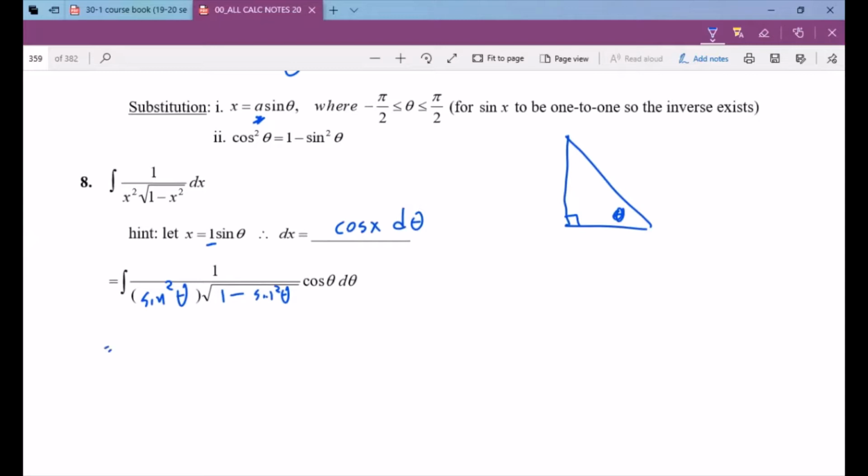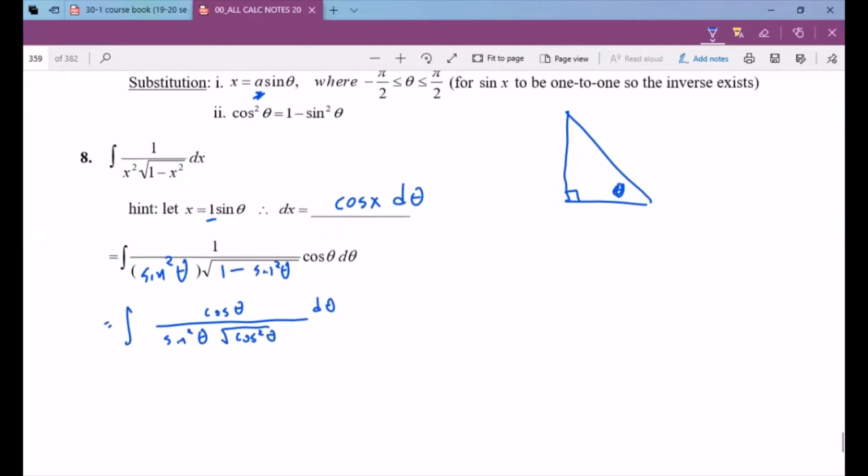In our next step, this is equal to the integral. Here we have sine squared theta downstairs, and the square root of cos squared theta, which is what 1 minus sine squared theta is equal to. We have a factor of cos theta that came from multiplying by d theta.